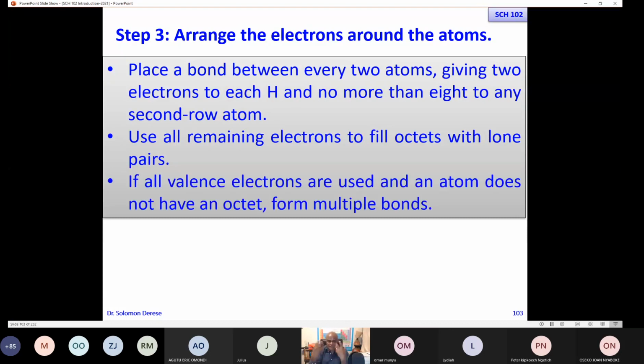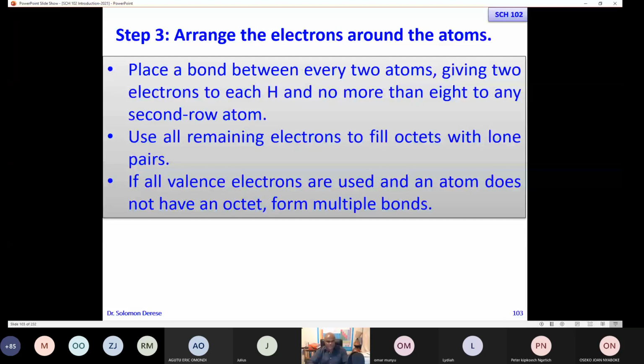Then, even after that, if some of the elements do not have an octet, you'll use these lone pairs of electrons as bonding electrons, to form a double bond or a triple bond until all the elements in that molecule have an octet of electrons if they are second row elements, or a duet of electrons if it is hydrogen.